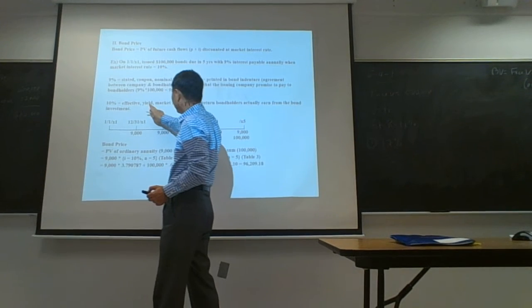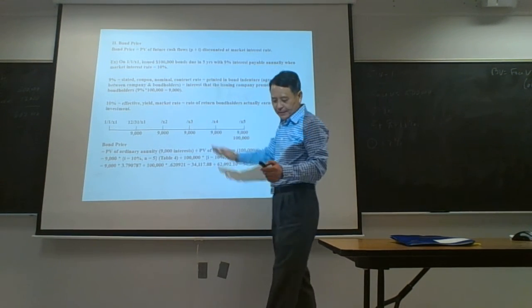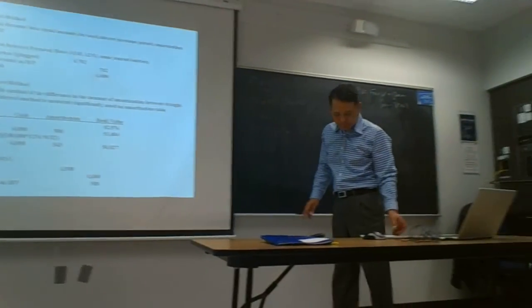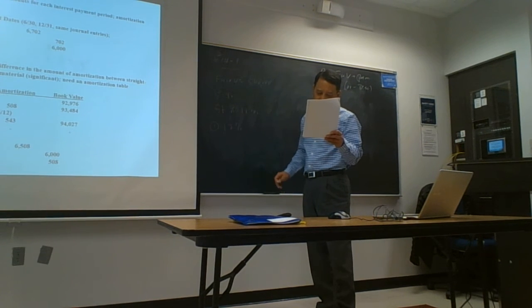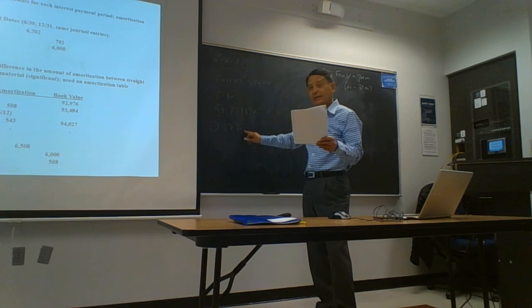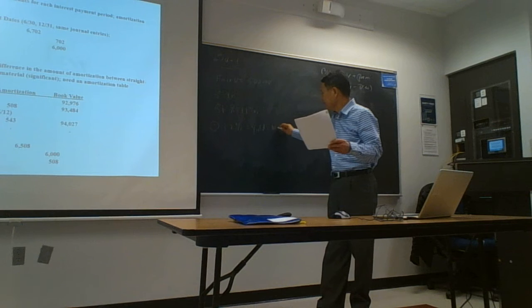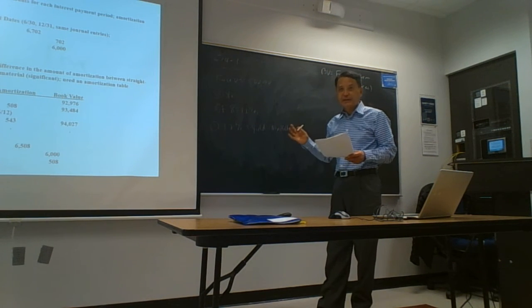Effective, yield, market. Those are the same thing. So in question number 1, if the company sells the bond to yield 12%, this is a yield rate, and this is the same as market rate. Yield rate, market rate, same thing.